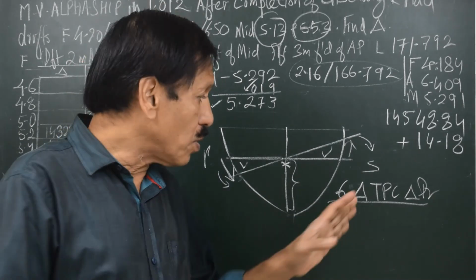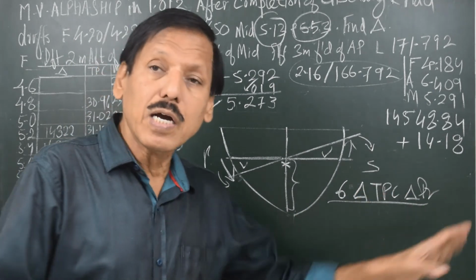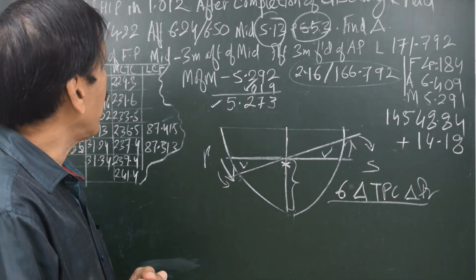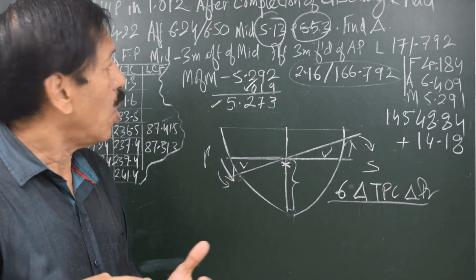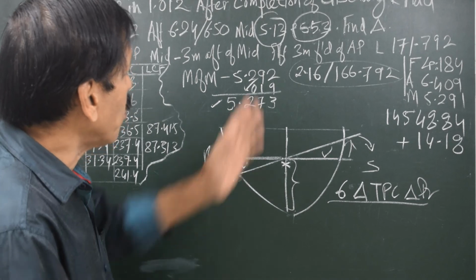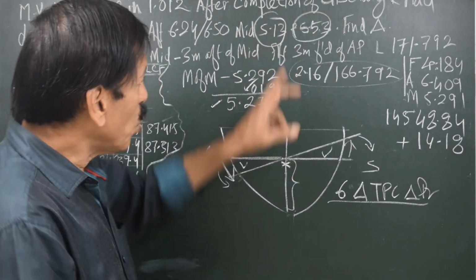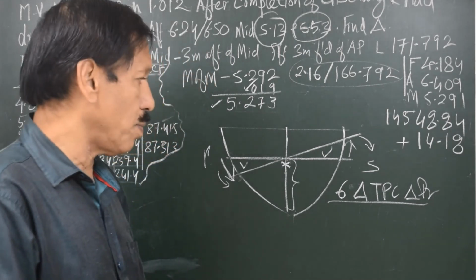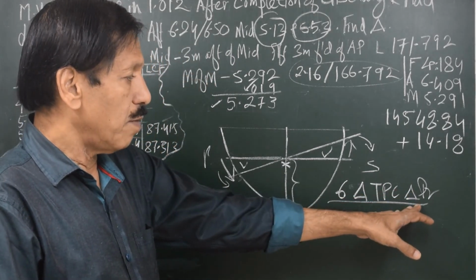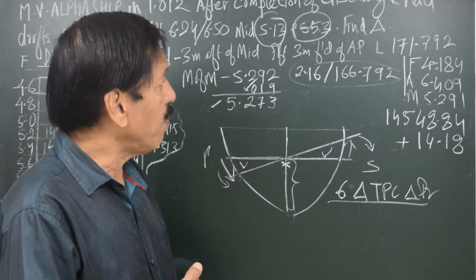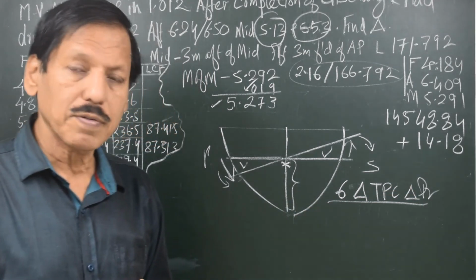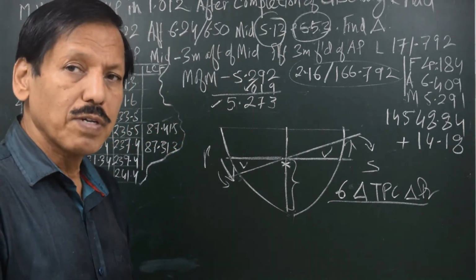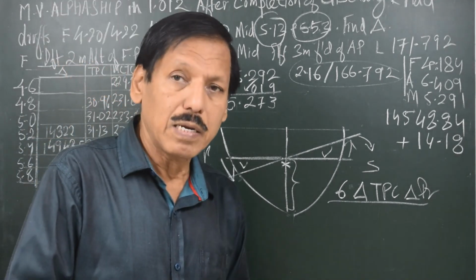But because we are finding out not the draft, we are writing down the difference of the drafts. What can be done is you can take the observed midship drafts which were observed initially. We can use 5.13 and 5.53, which were the originally observed midship drafts, for finding the difference of drafts, and we can see the relevant TPCs for those drafts, because when we find the difference, if there is any error because of the trim etc., that error will be eliminated.